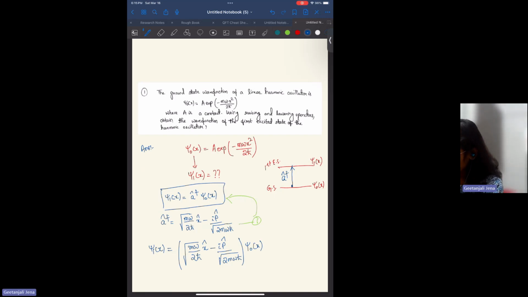Now use the position representation of the momentum operator, which is nothing but p equal to minus i h cut del by del x.